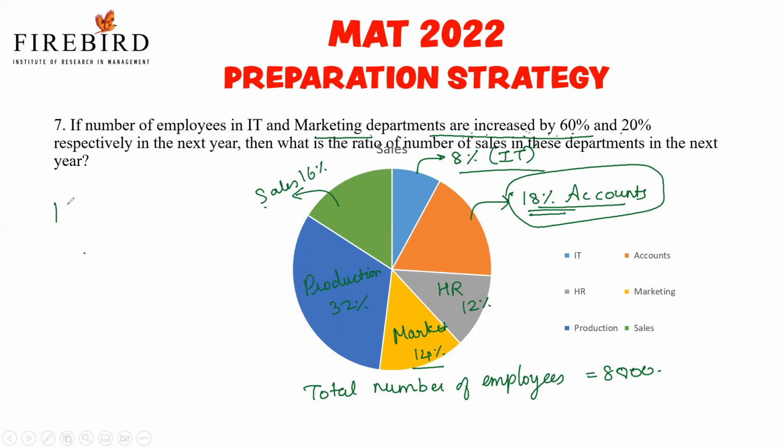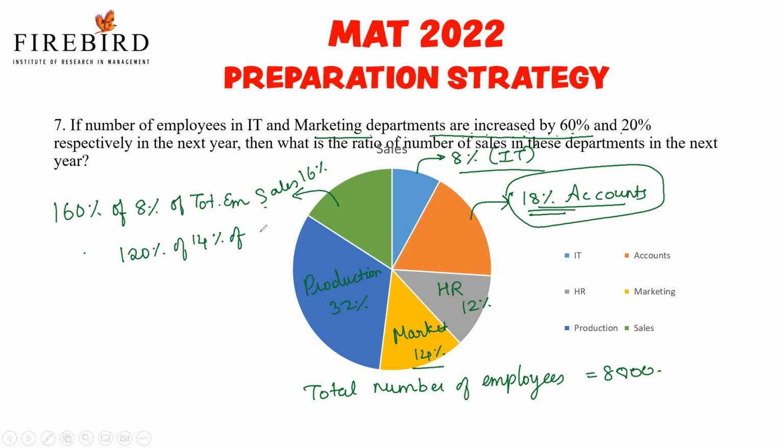So in IT, it is what? 160% is increased, right? So 160% of IT department, 8% of total employees. And with 20% increase, then 120% of 14% of total employees.